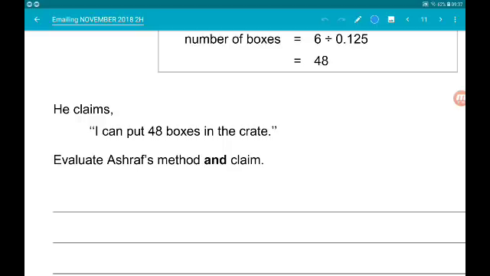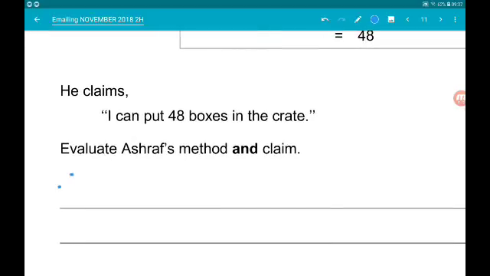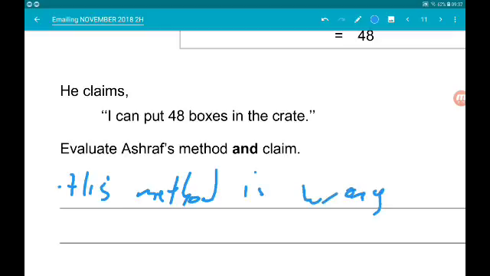So, Ashraf's method is wrong. So, he's found the volume of the crate. That's not wrong at all. But the problem is, you can't just divide the volume of something by the volume of something else and fit that amount of the second thing into the first thing.